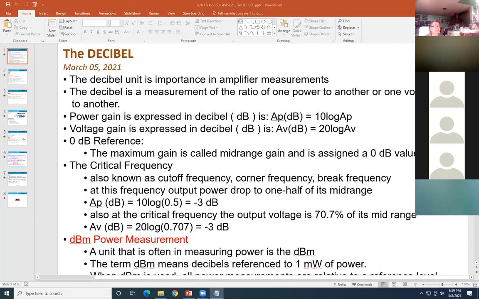So at the mid-range, what is the relation between V out and V in?